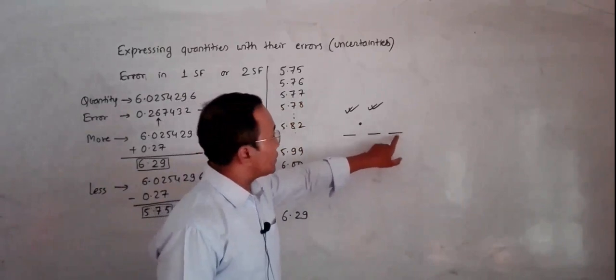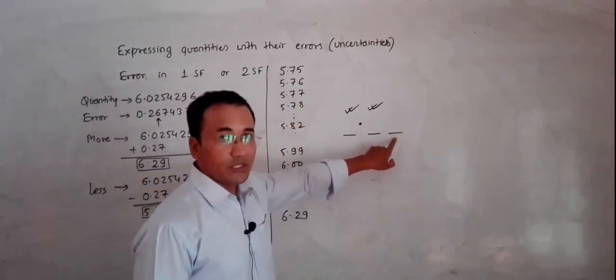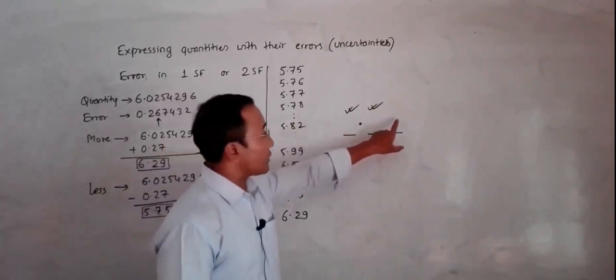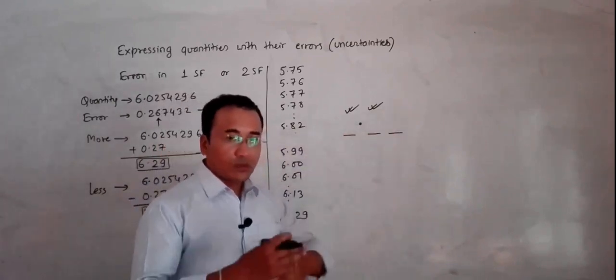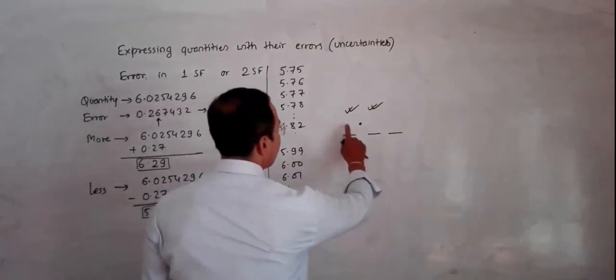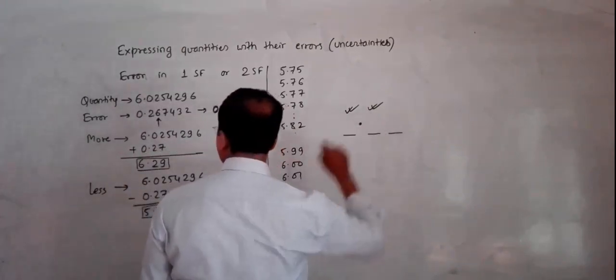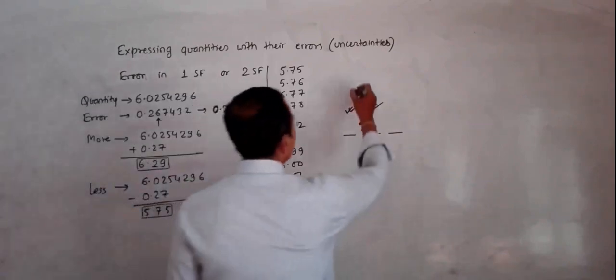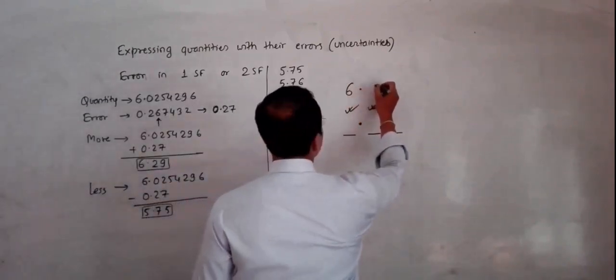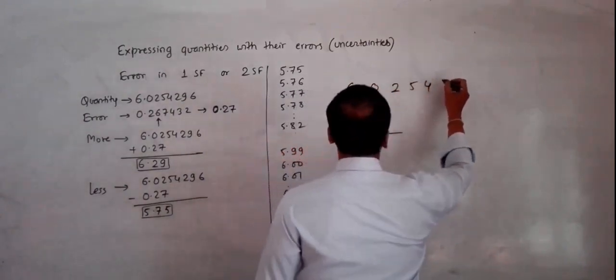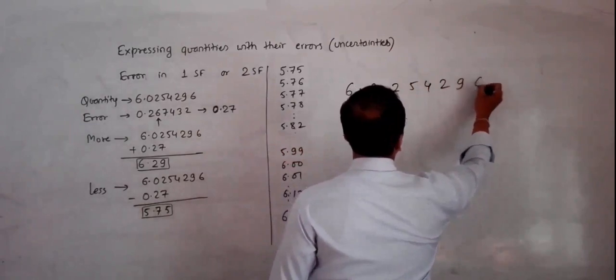That's why we should not be expressing the quantity that way. We are sure about this, but we are not sure about this because it goes round and round. So I can write this, but not this. So if I take it here, it is 6.0254296.